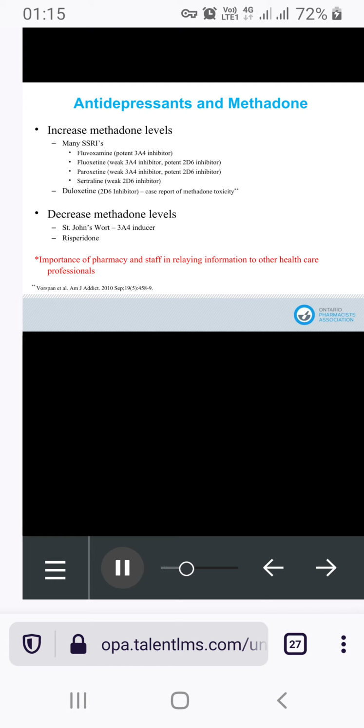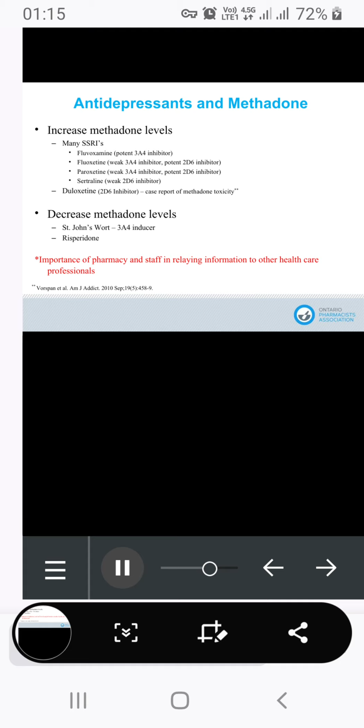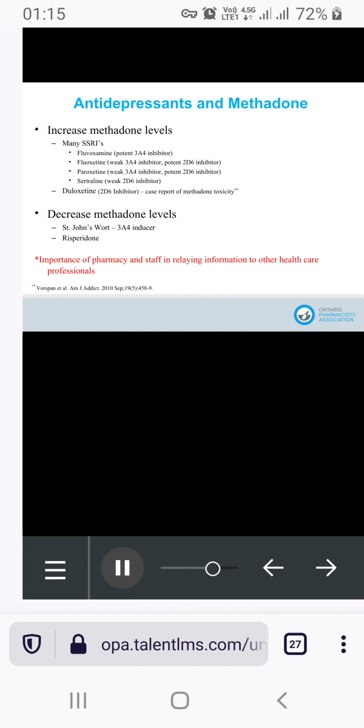It means fluoxetine, fluvoxamine, paroxetine, sertraline, and duloxetine can cause methadone toxicity. They are cytochrome 3A4 inhibitors. But risperidone decreases the methadone level.